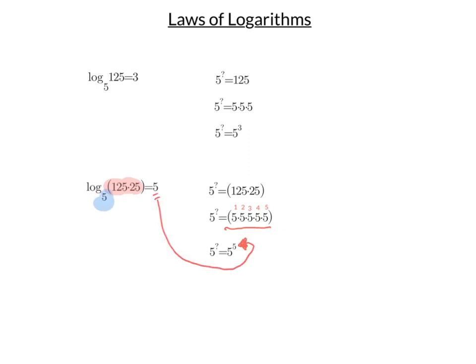All right, let's say I multiply it again. So log base 5 of 125 times 25 times 625. Well, what's that going to equal? Pause the video if you want to guess before I reveal it. But this is basically the log base 5 of, well, 125 is 5 times 5 times 5. 25 is another 5 times 5.